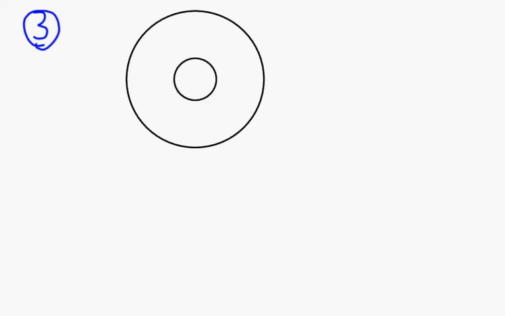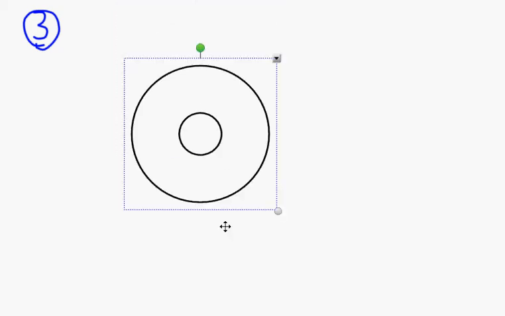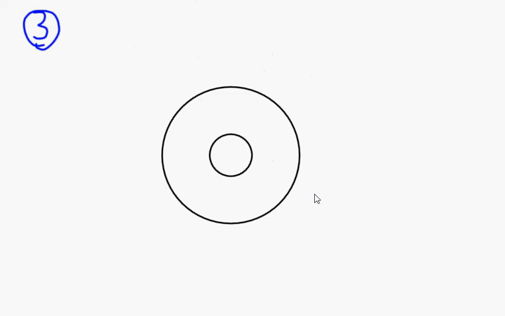It consists of a disc of radius 3 meters with a disc of radius 1 meter removed. So our center to here is going to be 3, and our center to here is going to be 1.